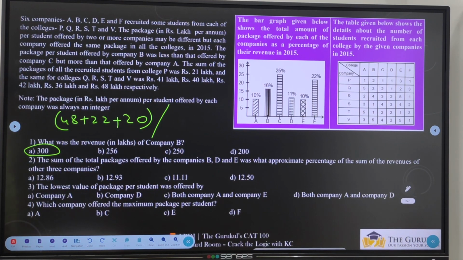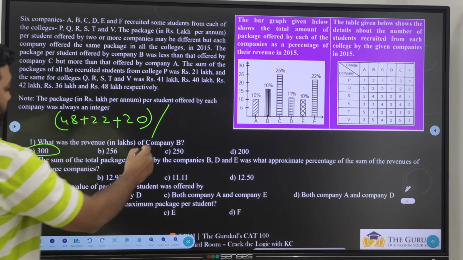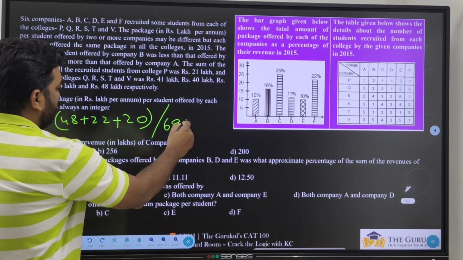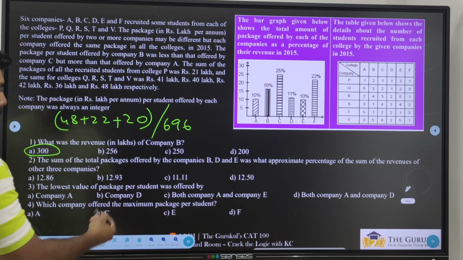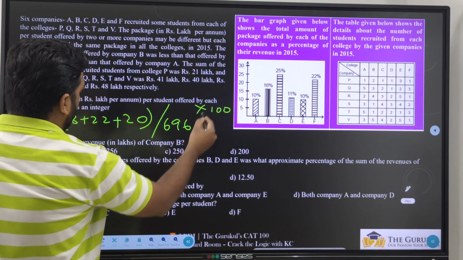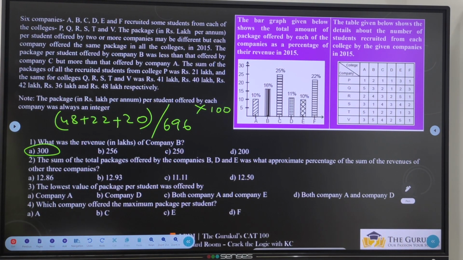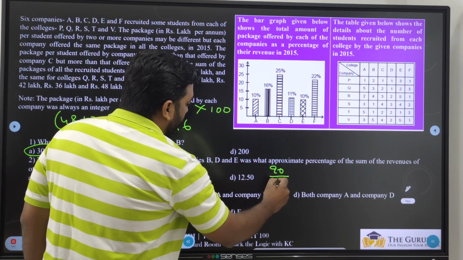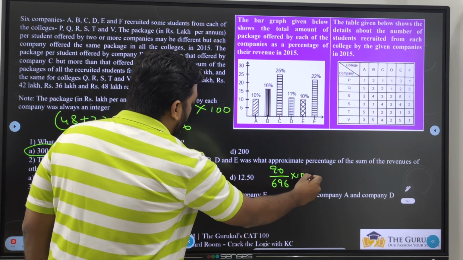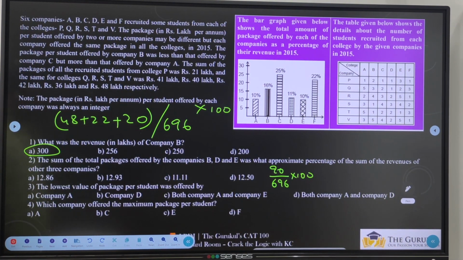That is 190, 256 and 250. Perfect. That is 696. We want percentage, approximately what percentage? So into 100. This is what they are asking, 90 by 696 into 100. And all the options are very close to each other, so we should not approximate. Use the calculator and get the exact answer. Perfect. That will be 12.93.